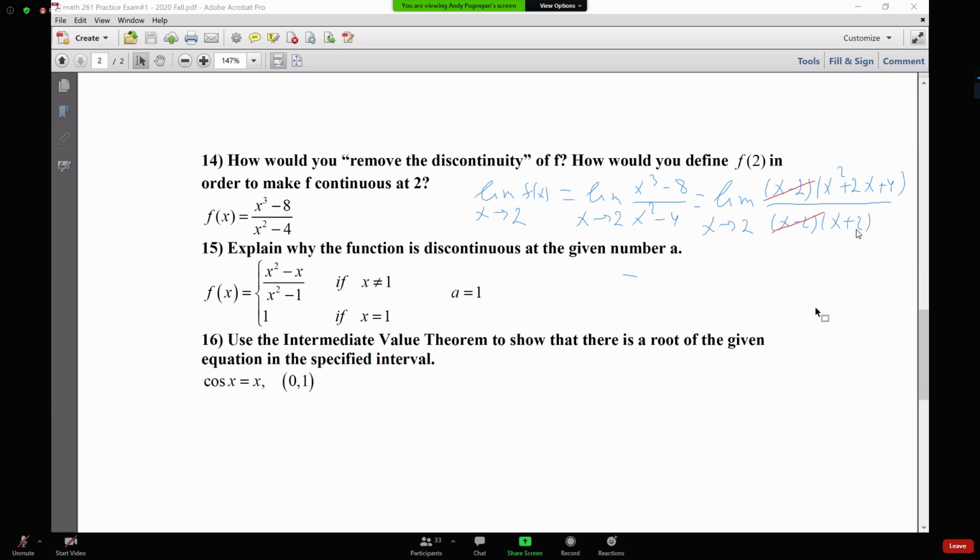So you have the limit of x squared plus 2x plus 4 over x plus 2 as x approaches 2. Now you can do direct substitution. 4 plus 4 plus 4 over 2 plus 2 equals 12 divided by 4, which is 3. That means f at 2 must be equal to 3.